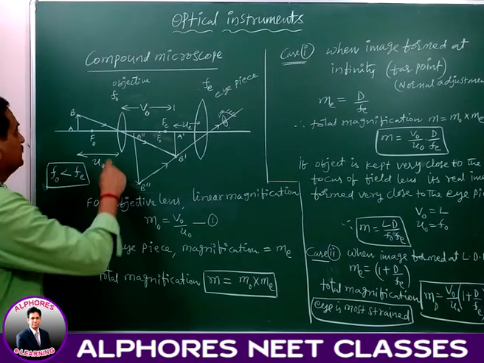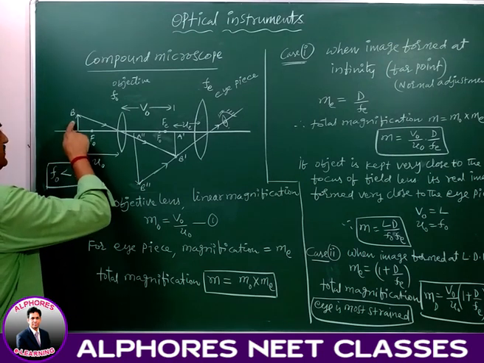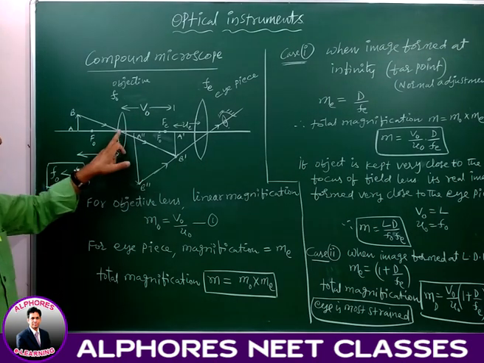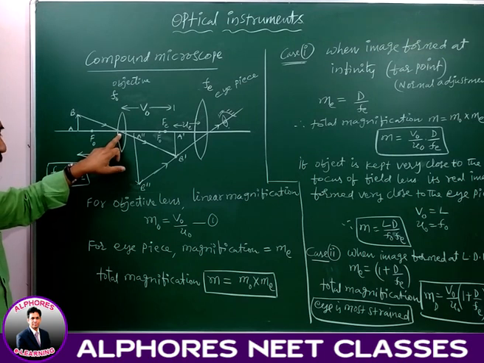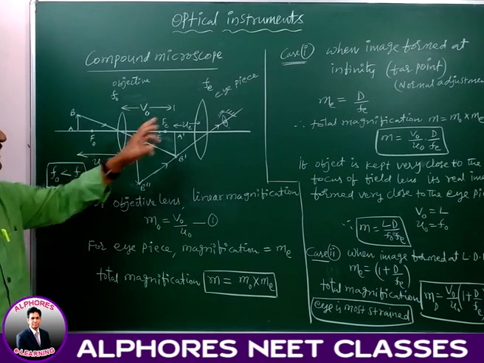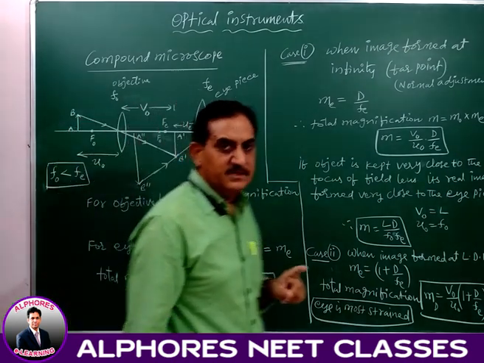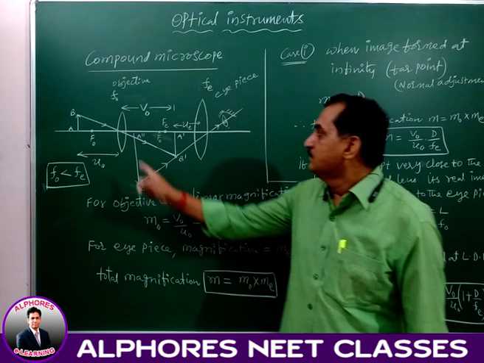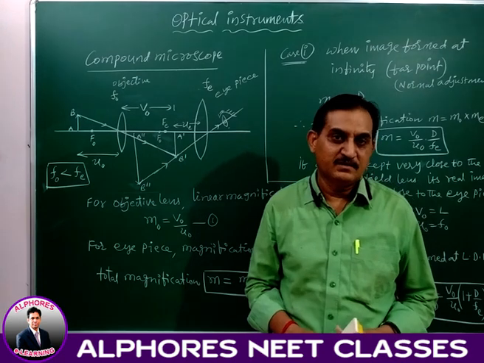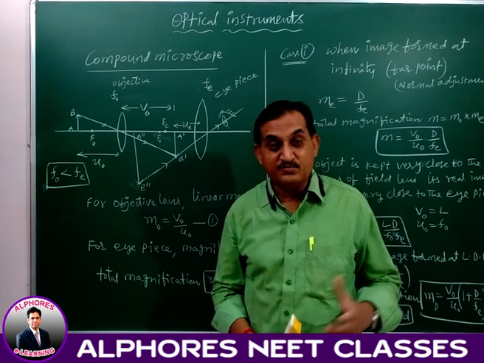Now here the object is kept beyond the focus point. This object is AB, and its corresponding image is given by the objective lens. But one more point: the objective lens focal length is f0 and the eyepiece focal length is fe, and the objective lens focal length is less than the eyepiece's. The objective lens has a smaller aperture and smaller focal length, while the eyepiece has a greater aperture and greater focal length.